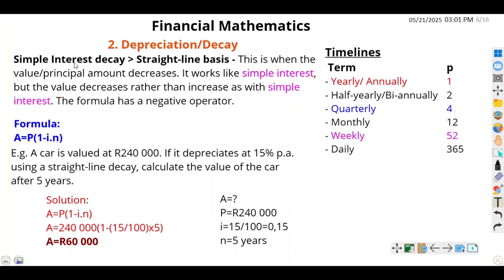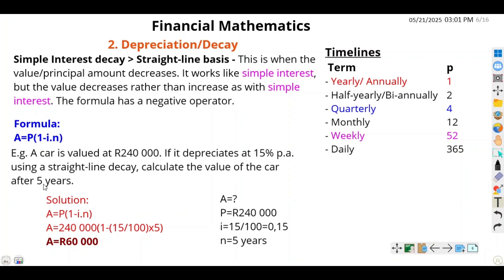The two terms are talking about the same thing. Calculate the value of the car after 5 years.